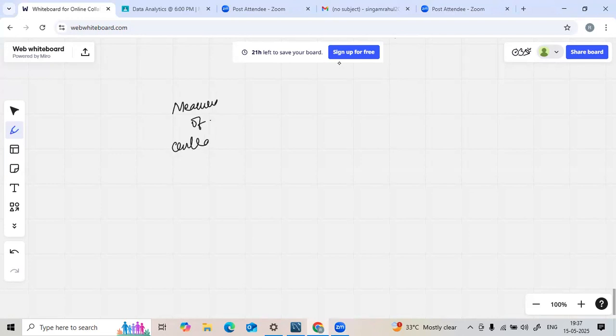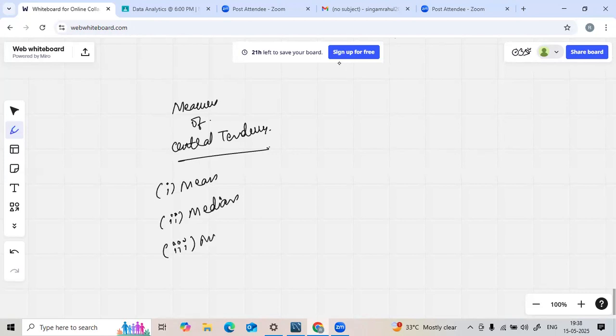So when we are referring to the concept measures of central tendency, we have three options available: mean, median, as well as mode. Guys, I hope you can see my screen, right? Okay.